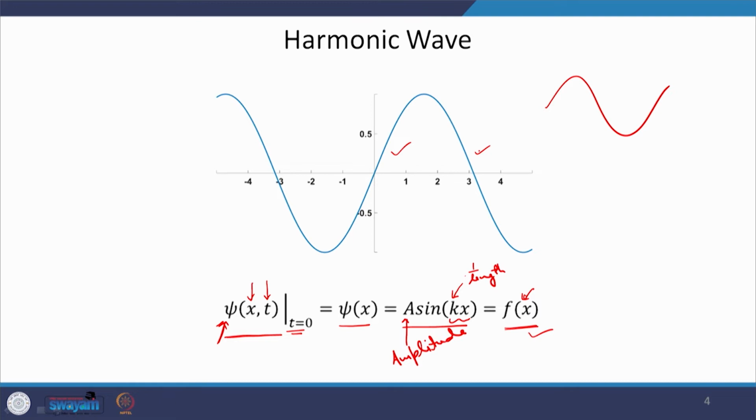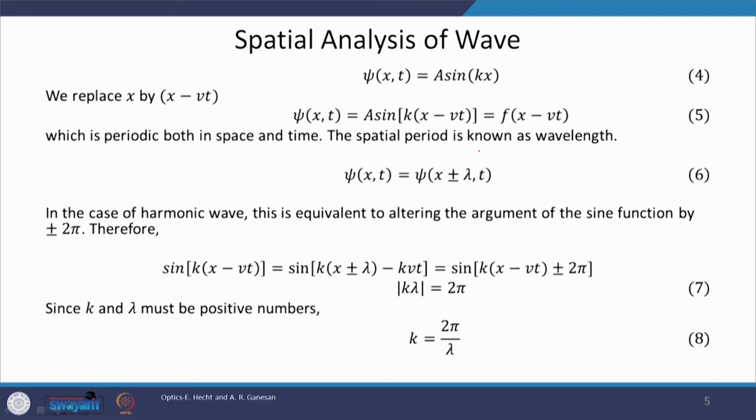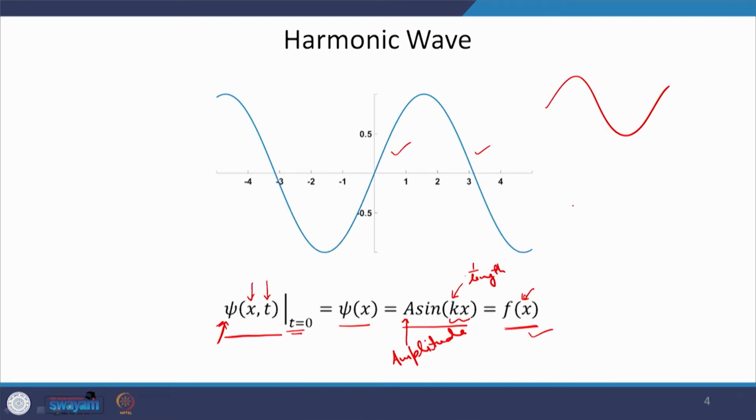This is a sinusoidal curve. Now, the general expression for a wave is a sin kx. But we know that a wave moves in space, and since a wave is moving, it must have some velocity.